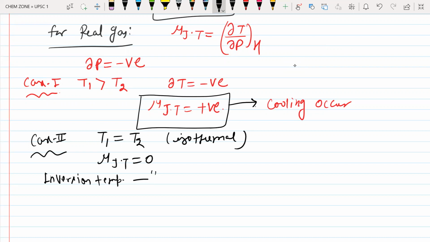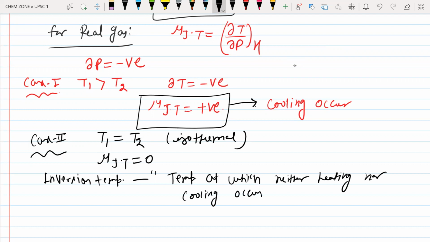What is it? Temperature at which neither heating nor cooling occurs. It's called maximum inversion temperature.